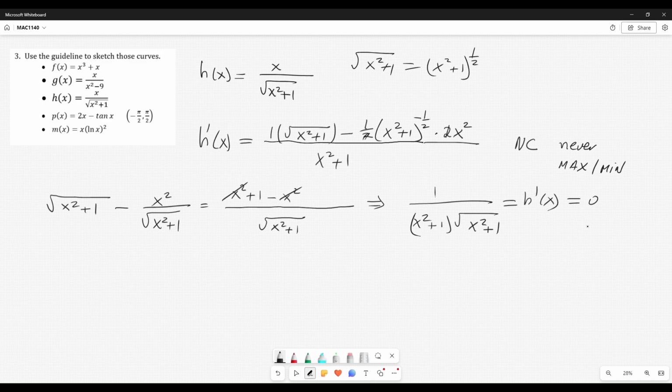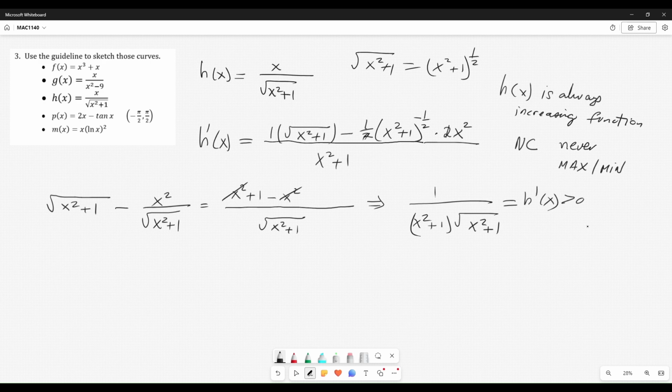For me it's clear que this expression is not 0, but it's always positive. Entonces that means que the function h of x is always increasing everywhere.